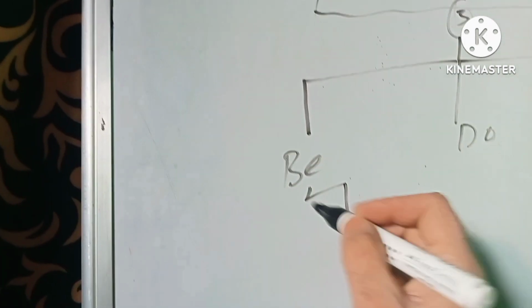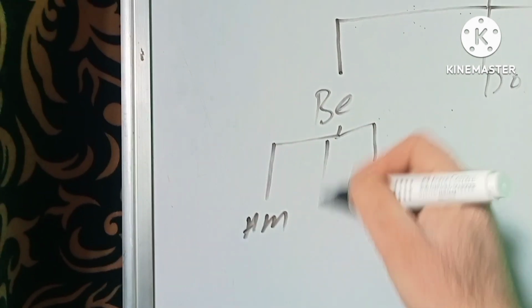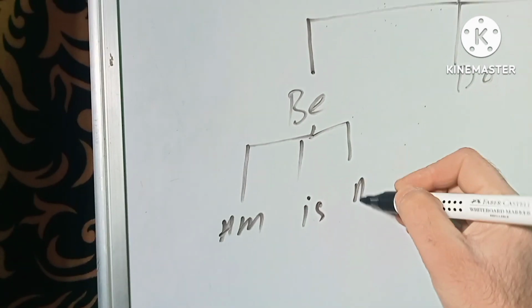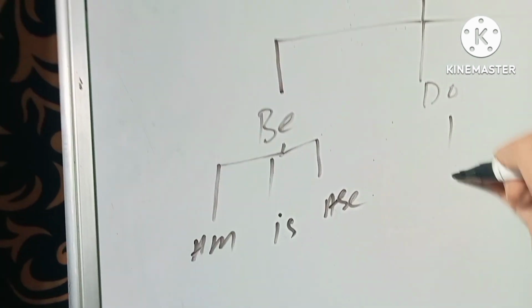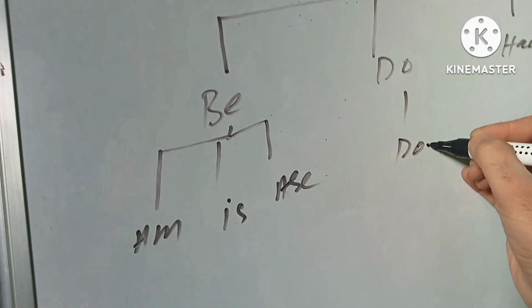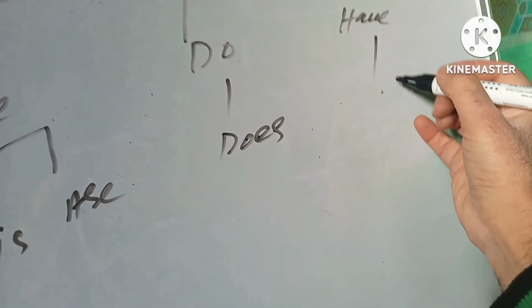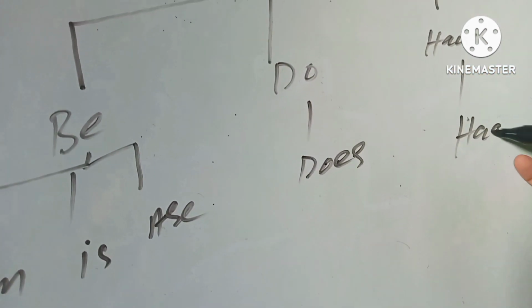This be, it's considered this be has three senses. That means am, is, and are. And this do, it has a single son or single brother, simply we can say that's does. And this have, it has.